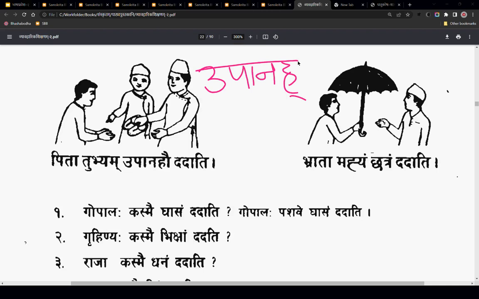What are the forms? Prathama vibhakti ekavachanam. Upanat. Is it Upanat? No, what does your kosha say? Where did you find this word? That should have the forms also.